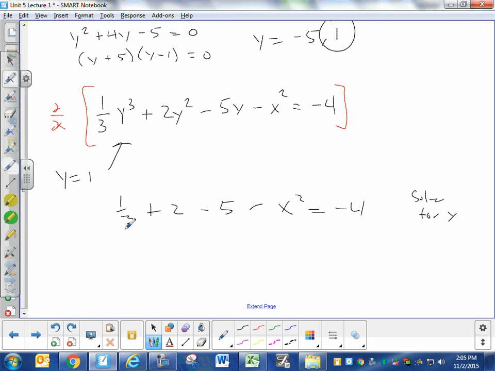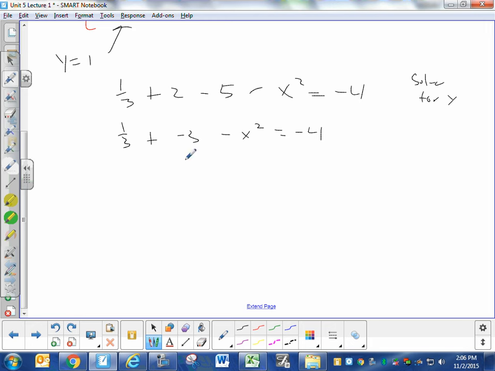So this is -3 minus x squared equals -4. This is -9/3, so this is -8/3 minus x squared equals -4. This is -12/3 plus -8/3 will be -4/3.